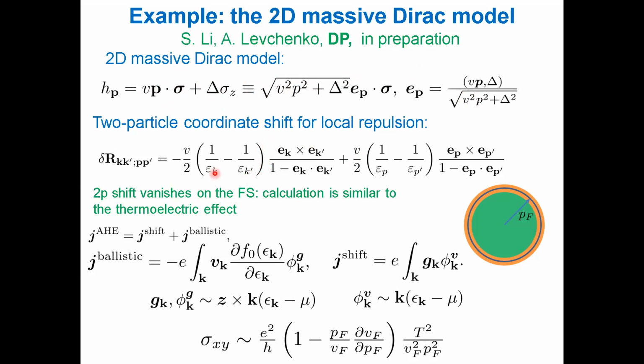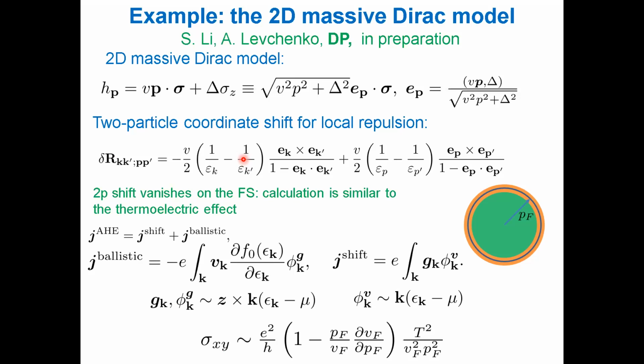Notice that these shifts are zero when all particles are on the Fermi surface, when all energies of the particles are at the Fermi level. They do not know which way to shift, which pair is stronger, so to speak, the initial one or the final one. So this shift vanishes on the Fermi surface.